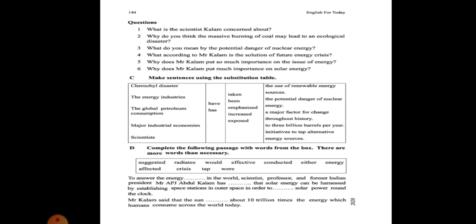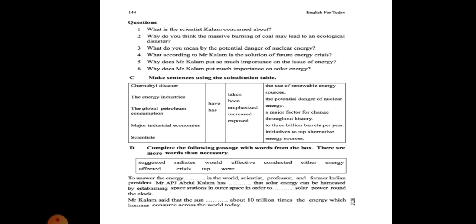Oil and natural gas are also limited. This crisis can be solved by using renewable sources, and solar energy is one of the renewable sources. This is the story. This is all about the text.